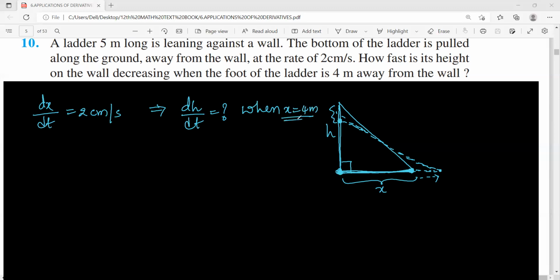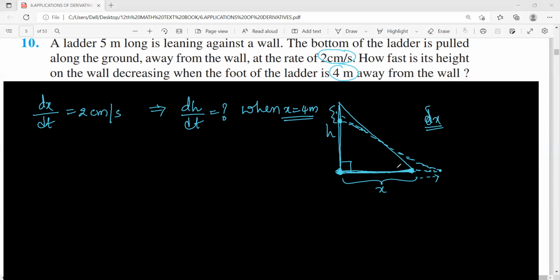So x is 4 meters and dx by dt is 2 centimeters per second. Rate of change generally refers to a very small delta x.